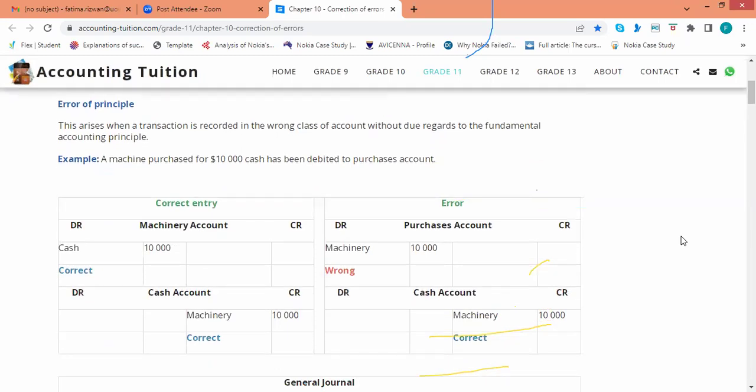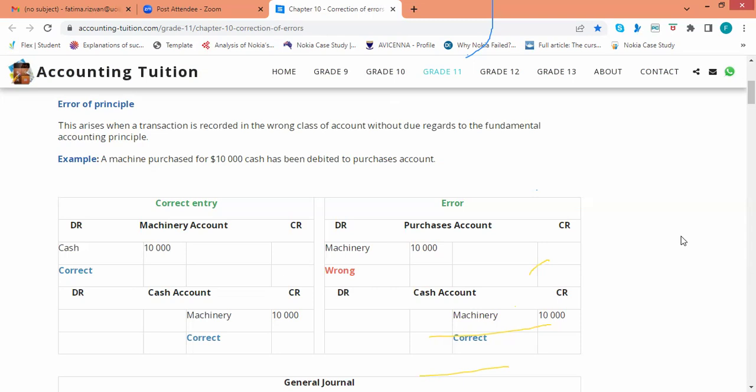The error of principle arises when a transaction is recorded in the wrong class of account without due regard to the fundamental accounting principle. Wrong class of account means that the debit and credit rule is the same. For example, the asset is being debited and the expenses are also being debited.